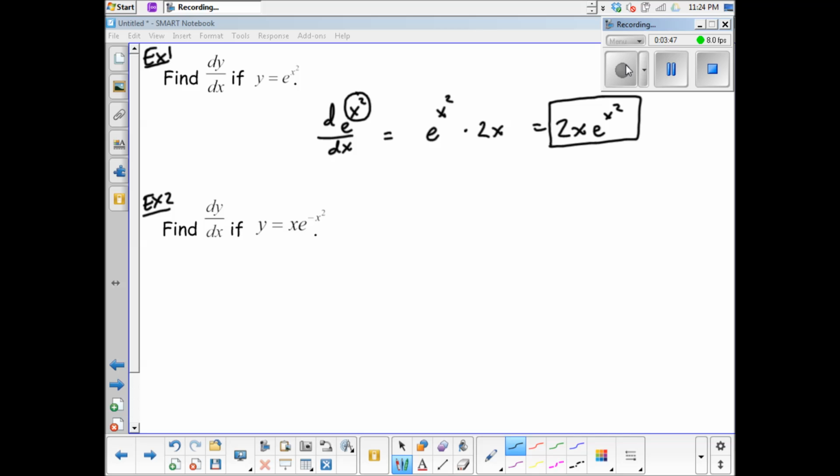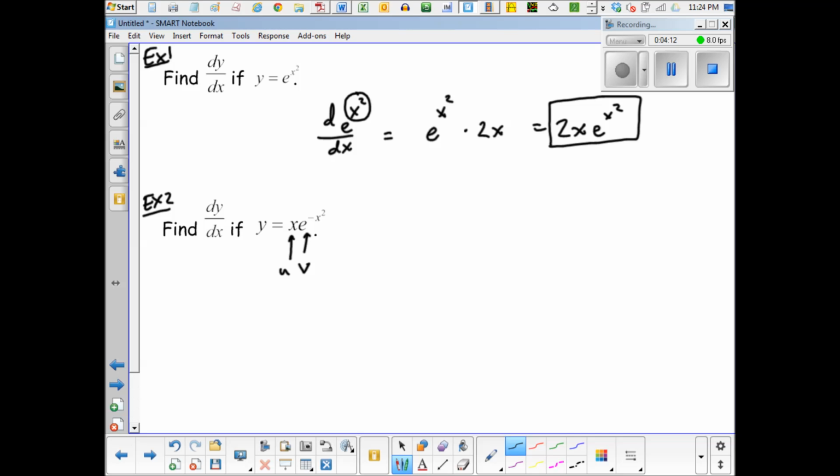Okay, our second example here is x times e to the negative x squared. So it looks like a product rule. It's made up of two functions, x and e to the negative x squared. This will be kind of like our two functions, the u and the v from the product rule.